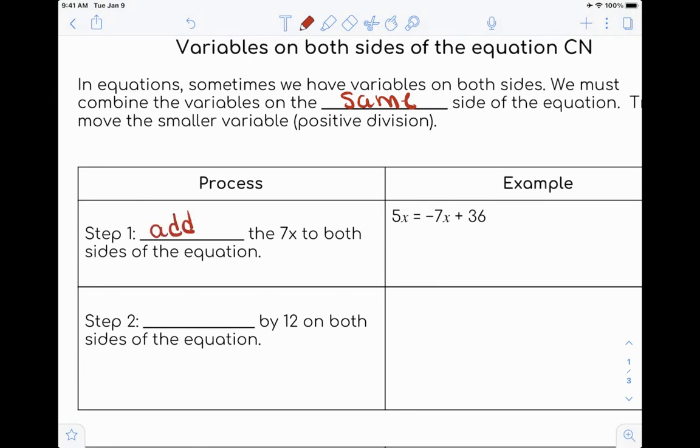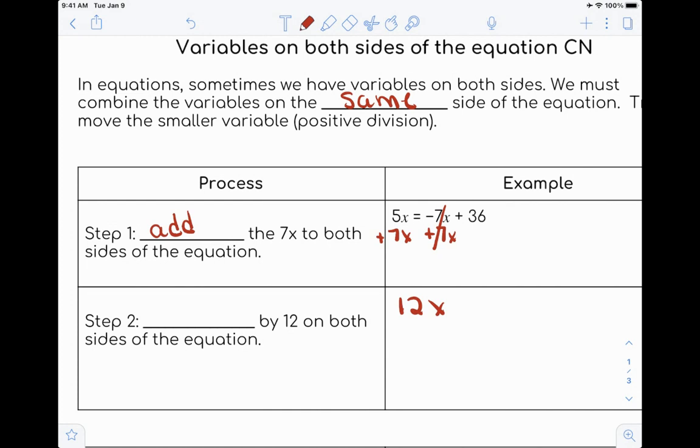Okay, and so I'm going to add 7x on both sides, and I'm going to line that up right underneath. So it's like I'm forming columns. So when I do that, 7x and 5x make 12x.